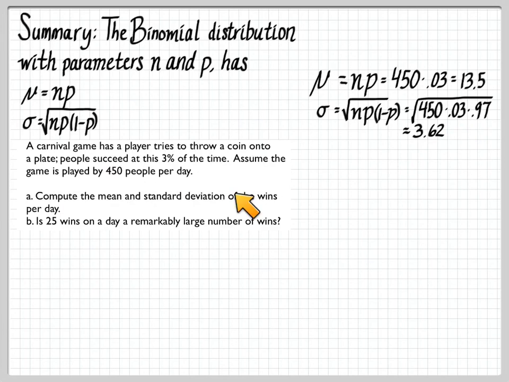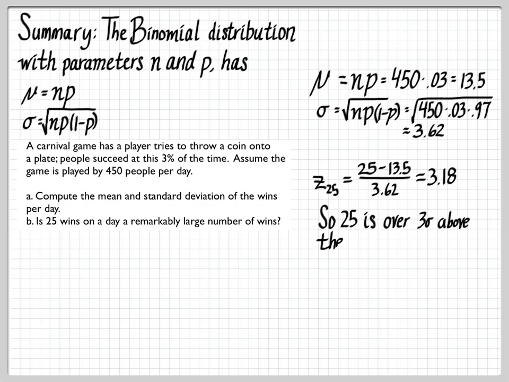How many standard deviations is 25 above this average of 13.5? And so we can calculate the z-score for 25. There's my z-score formula. 25 successes minus the mean divided by the standard deviation gives me a z-score of 3.18. So that tells me that 25 is over 3 standard deviations above the mean, which is pretty remarkable. That would be unusual in most circumstances.